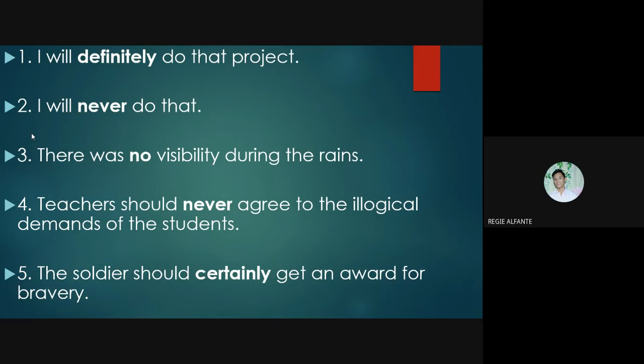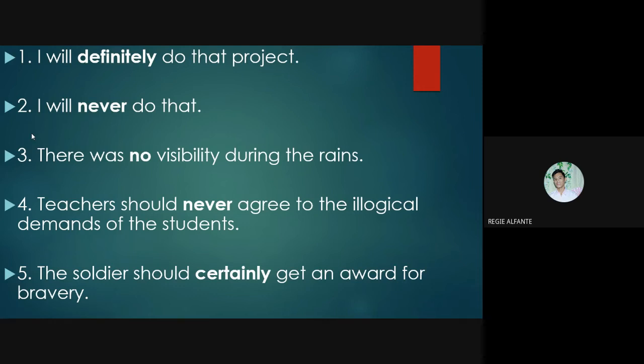So definitely here affirms that the speaker is going to do the task which is being talked about. So therefore, definitely is an adverb of affirmation.